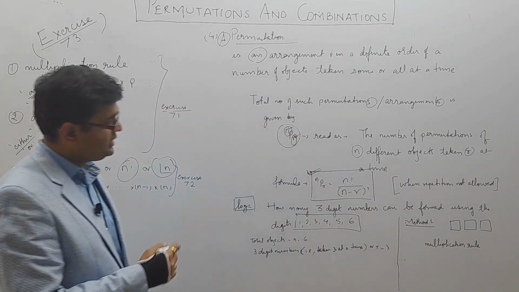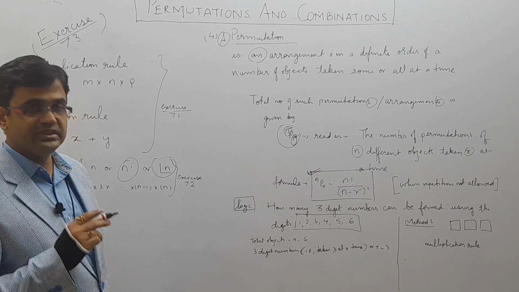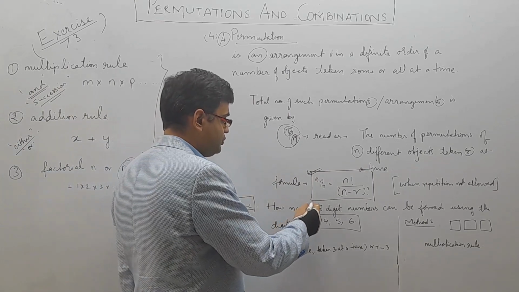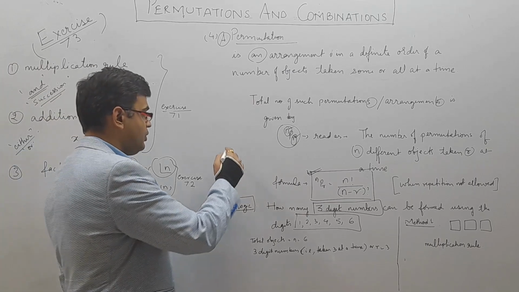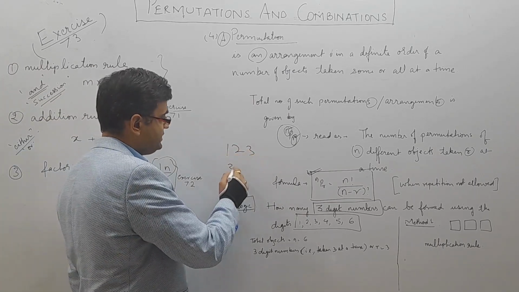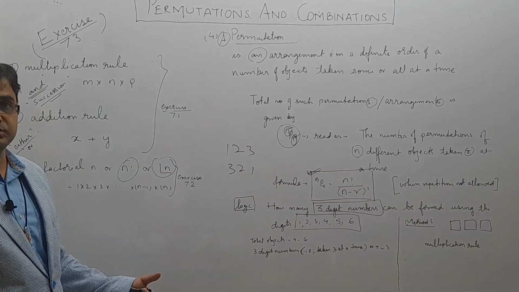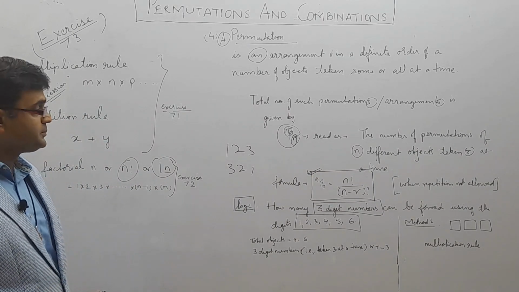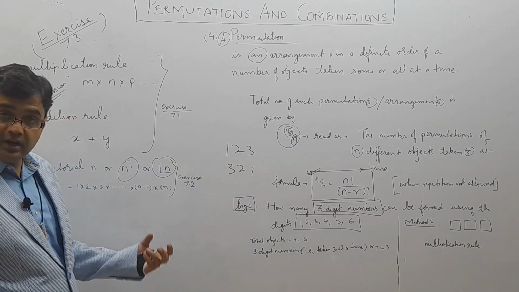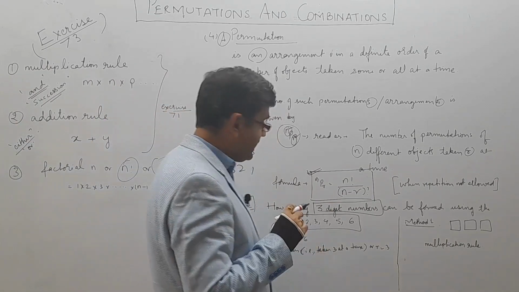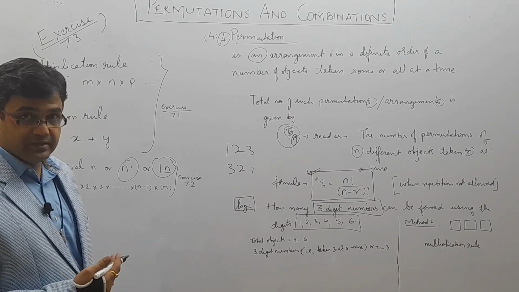First of all, if we have to make numbers, that means arrangement is important, because 123 and 321 are obviously two different numbers and two different arrangements. So basically two different arrangements give rise to two different numbers. So arrangement is important here. That is why the formula of permutation will be applied here.